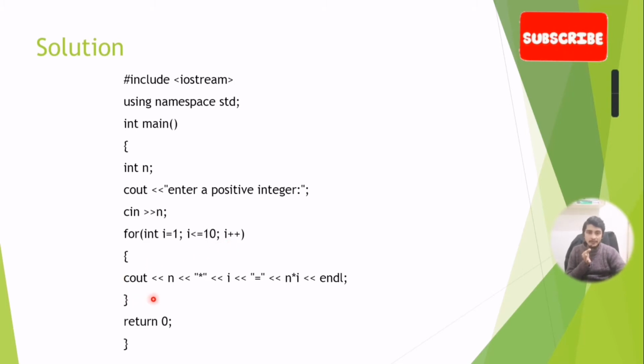So it will print the text inside the quotation marks as it is, but it will write the values of the variables written without the quotation marks. So it will print n multiplied by i is equal to the result, and then it will perform the next iteration up till it reaches 10, and then it will terminate.